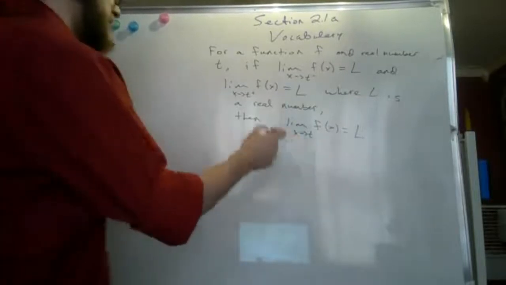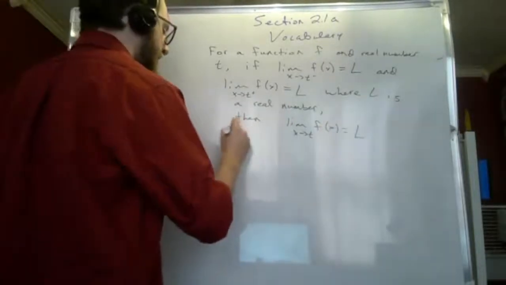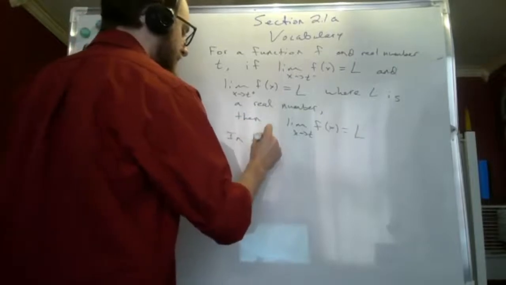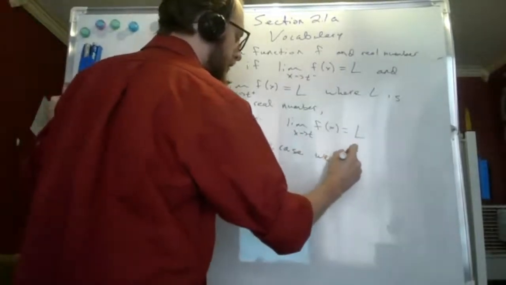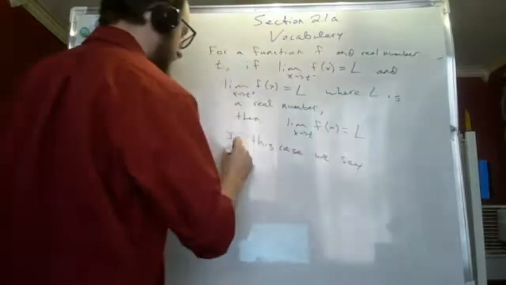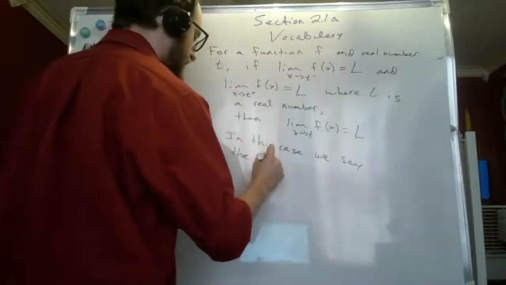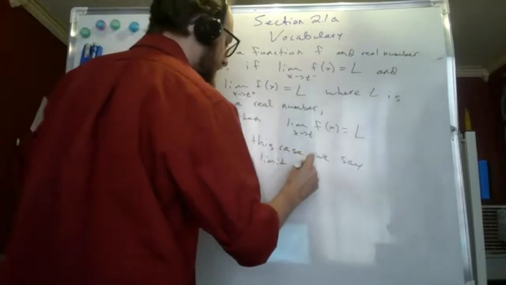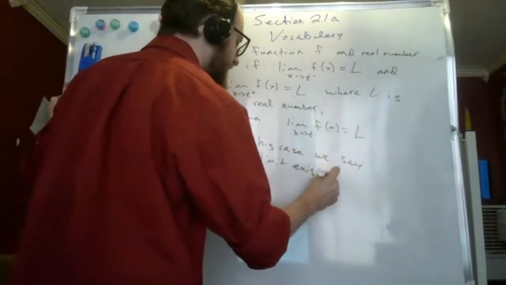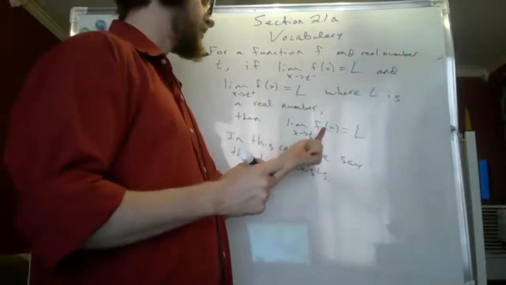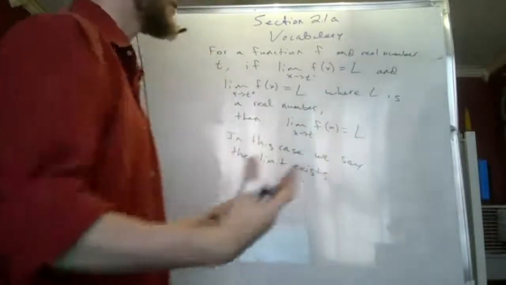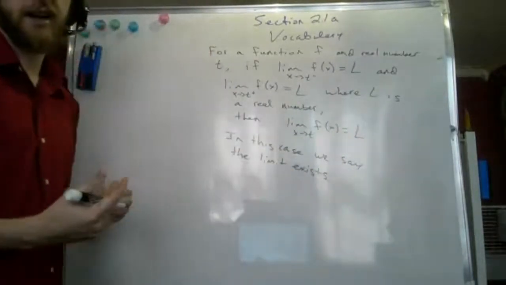So in this case, we say the limit exists. In other words, this limit for f of x as x is going to t, it exists. It's some value because the left and right hand side agree.